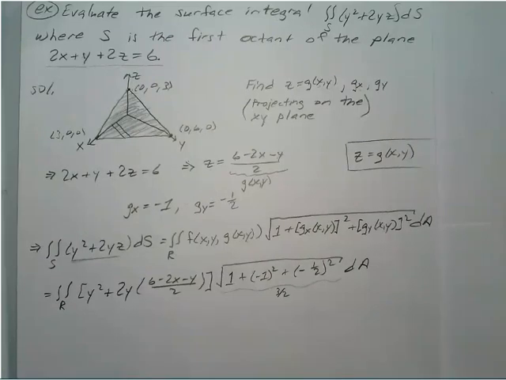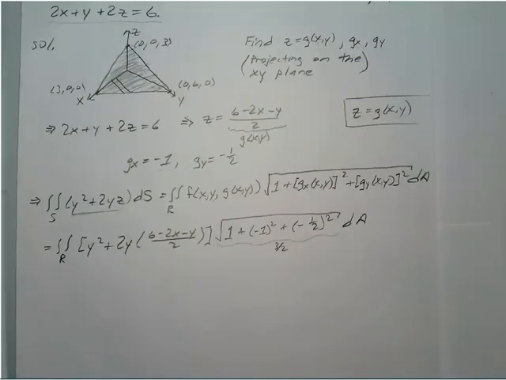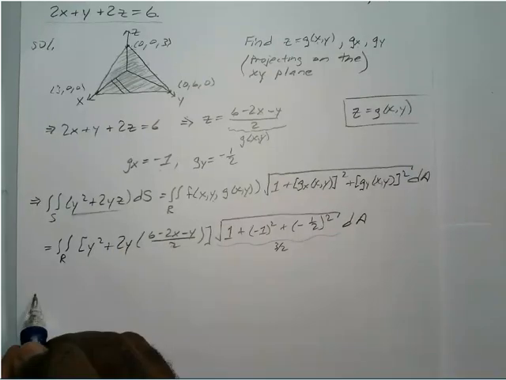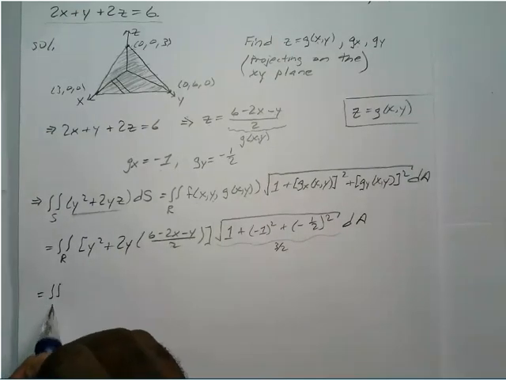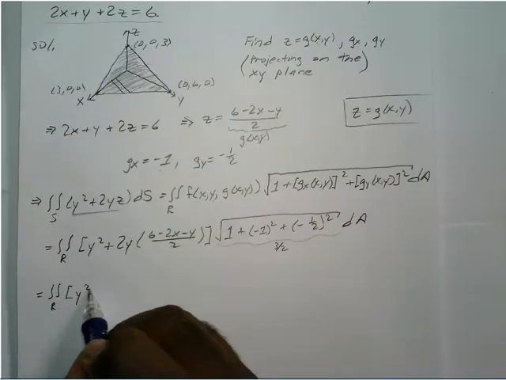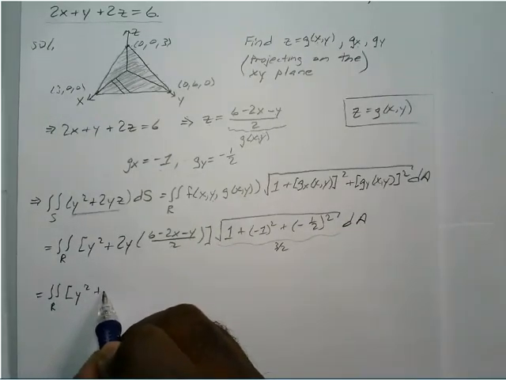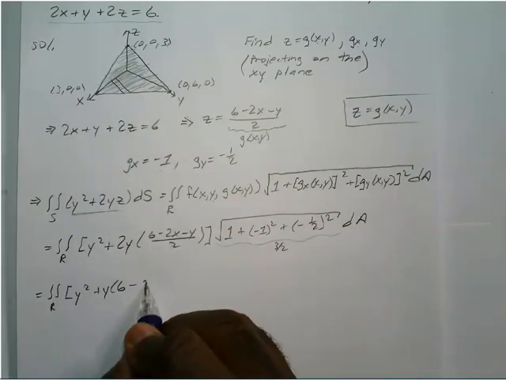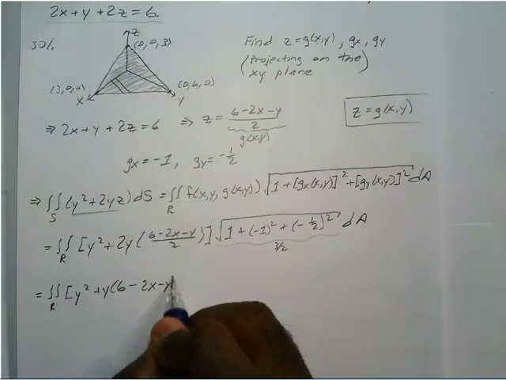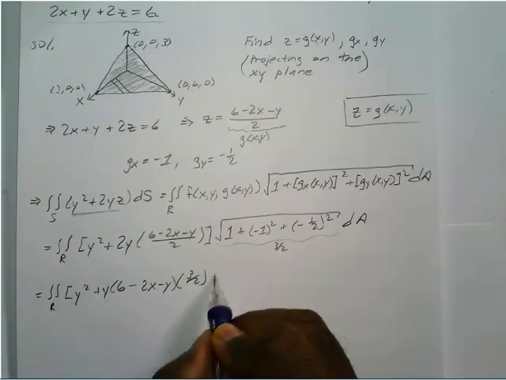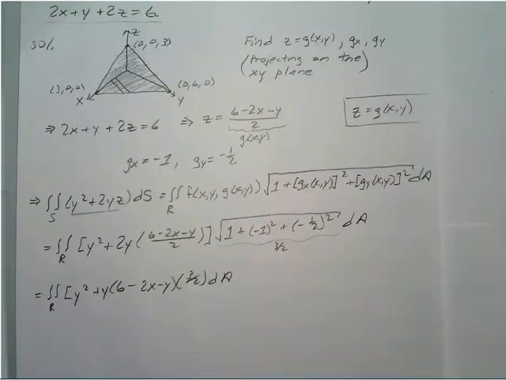We're kind of jumping ahead a little bit. These two will cancel out, so we end up with the double integral over the region of y squared plus y times (6 minus 2x minus y) times 3 over 2, with respect to the area.